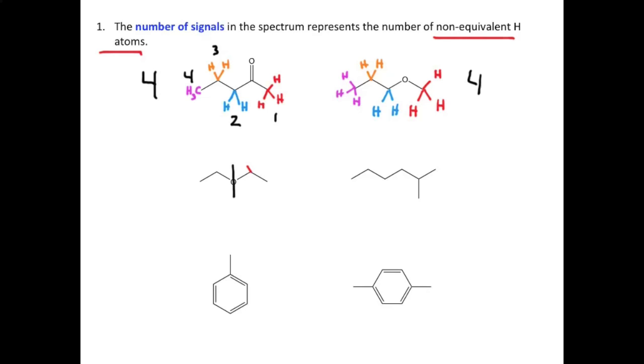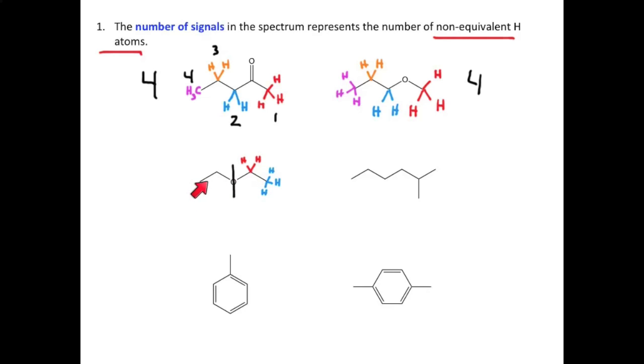What that means is that on the right side I have 2 hydrogens that are in red, that the hydrogens in red are equivalent to each other. Then I have 3 more hydrogens in blue. Those are equivalent to each other, but non-equivalent to the red.